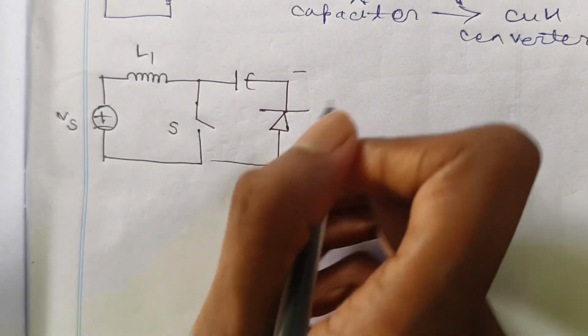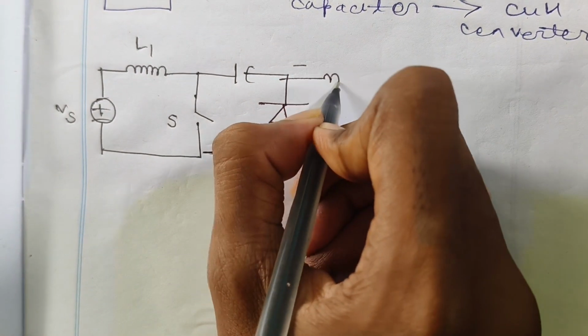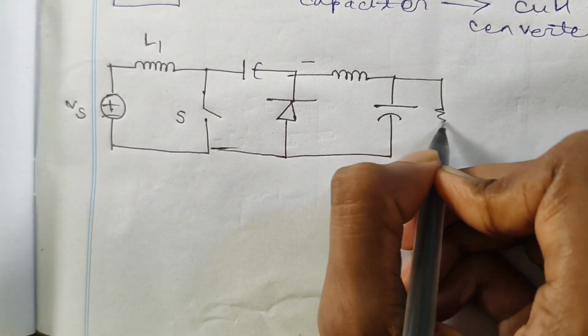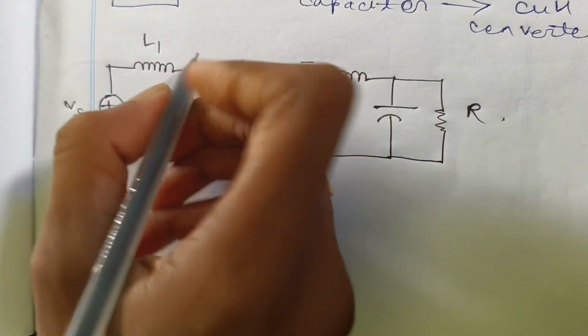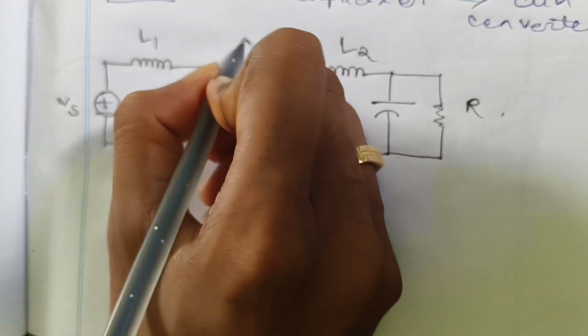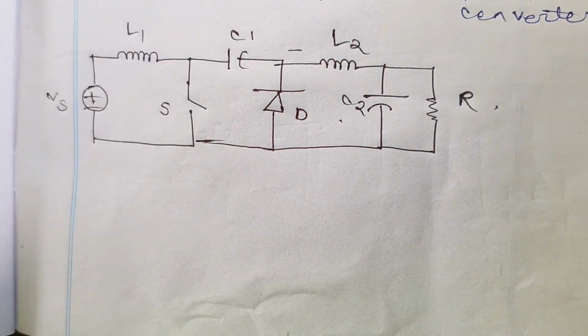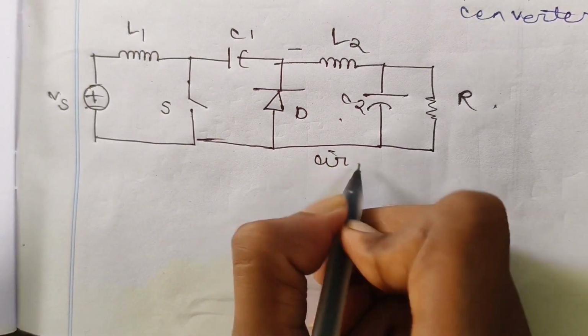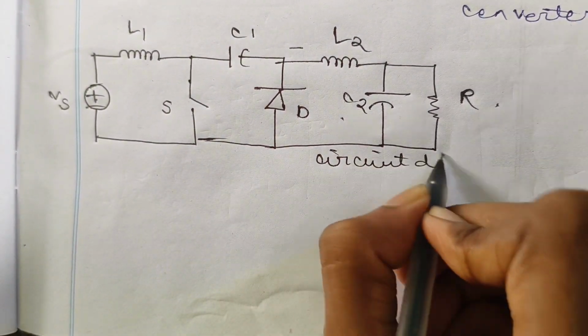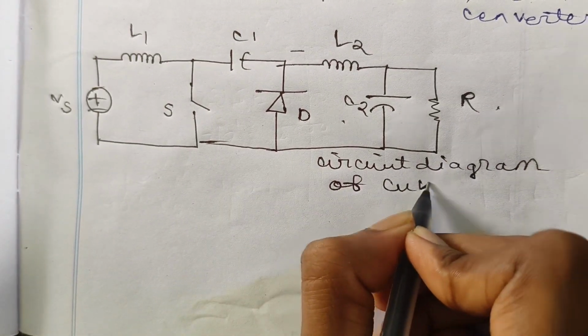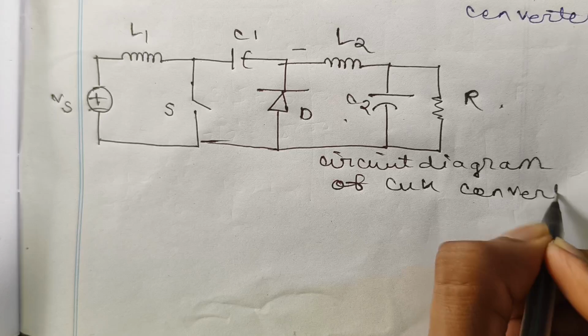This is the freewheeling diode, and an inductor is connected over here. A capacitor is connected like this, and a resistance is connected like this. So it is L1, L2, C1, C2, and diode D. This is the circuit diagram of the Cuk converter.